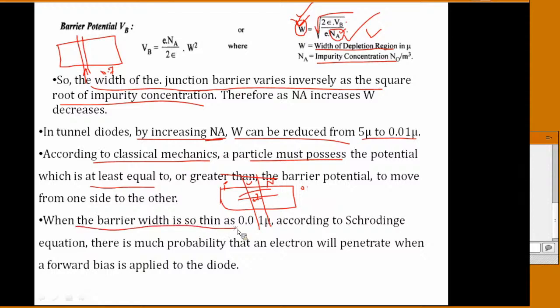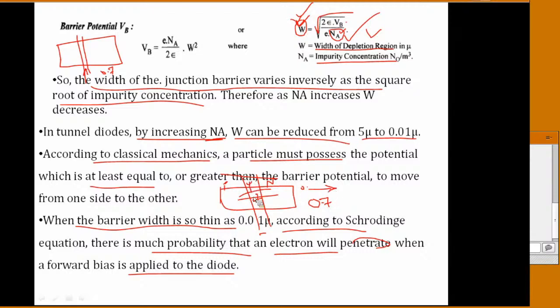But when the barrier width is very, very thin, like 0.01 micron, according to the Schrodinger equation, there is a high probability that an electron will penetrate when forward bias is applied to the diode. For the normal case, the barrier potential is 0.7 volts, and only above 0.7 volts of forward bias will current conduction take place.